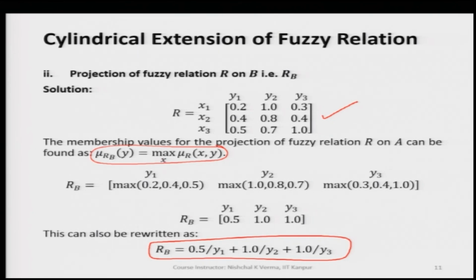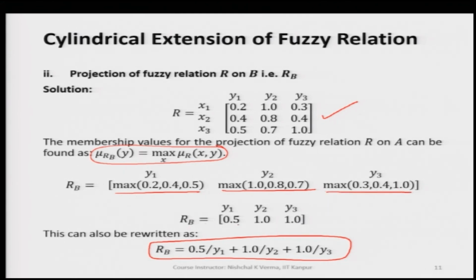So, when we take the max over x, we see that R B is going to be max of 0.2, 0.4, 0.5 with respect to the y 1 value. Similarly, corresponding to y 2 we are getting max of 1 comma 0.8 comma 0.7, and with reference to y 3 we are getting max of 0.3, 0.4 and 1.